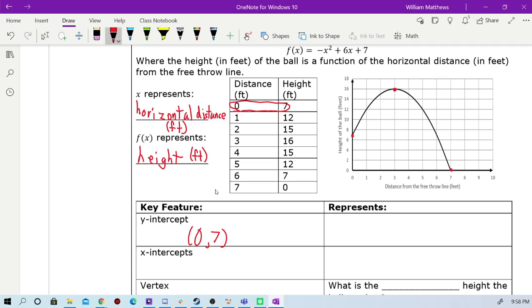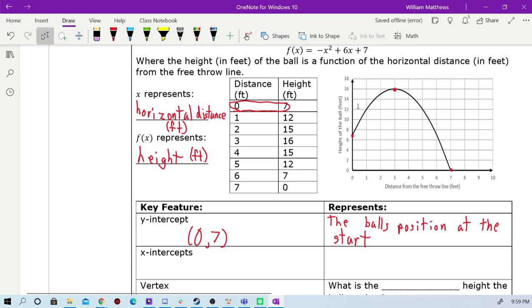What this represents is the ball's position at the start. You could add more details saying that the ball was 7 feet in the air when the shooter had the ball at the free throw line.